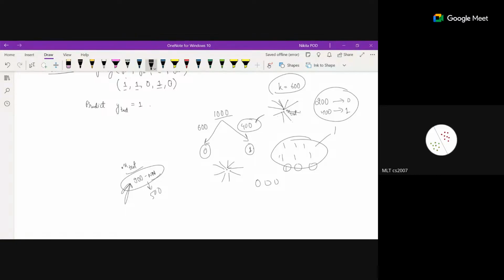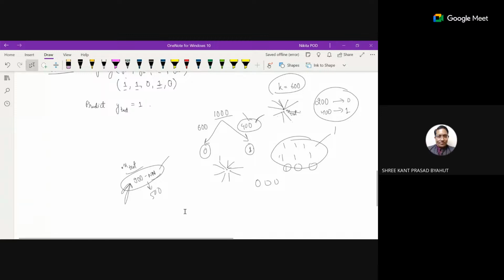Here it was 900, so whatever happens, the majority is going to be label 0, because even if all the positive labels are used out of 900, I still need 500 data points, and the majority out of 400 and 500 is going to be those 500 labeled as 0. So it will always predict label 0.